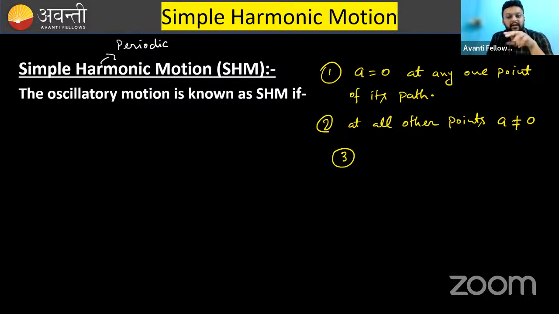Third point. If at all other points acceleration is not zero, then this acceleration must have some magnitude and must have some direction. So what is the magnitude? This acceleration should be proportional to the displacement. x is what? Displacement. And displacement from where? From the mean position.